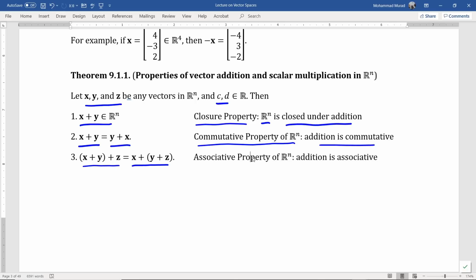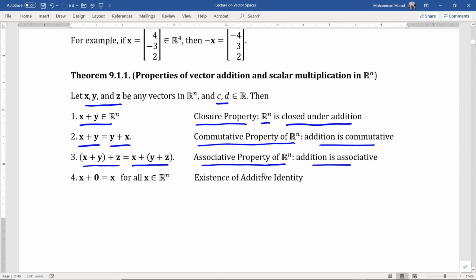This property is called the associative property of Rn. It means that the vector addition is associative. We can add the first two vectors, then add the third one, or we can add the last two vectors and then add the first vector.